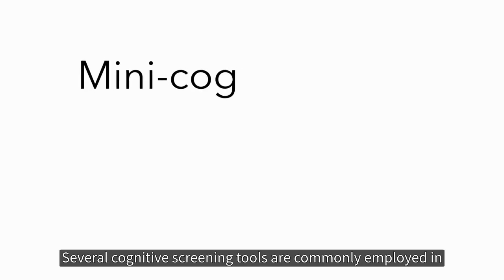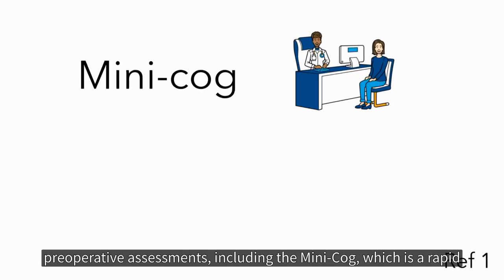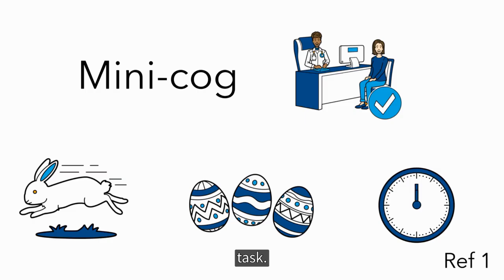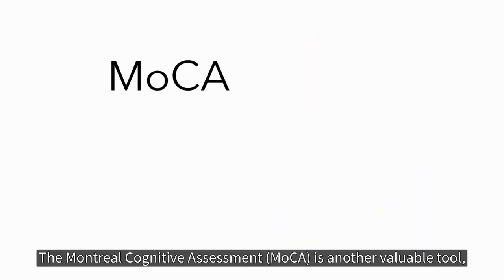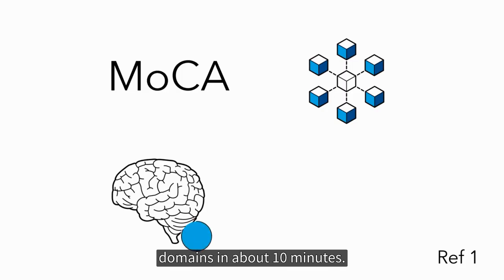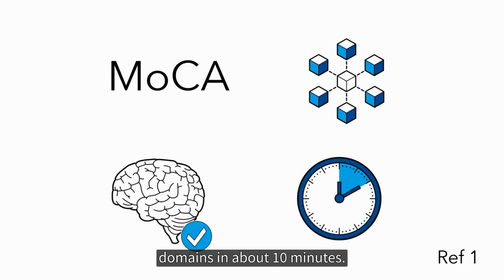Several cognitive screening tools are commonly employed in preoperative assessments, including the MiniCog, which is a rapid 3-minute test consisting of a 3-item recall and a clock-drawing task. The Montreal Cognitive Assessment, MOCA, is another valuable tool, providing a more comprehensive evaluation of multiple cognitive domains in about 10 minutes.